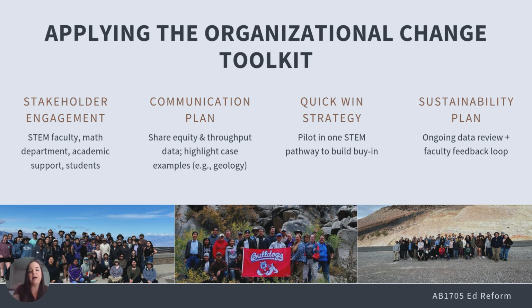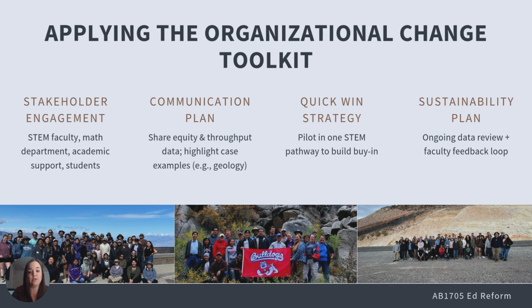So applying the organizational change toolkit to this praxis, we're going to look at stakeholder engagement, right? That's going to be STEM faculty, the math department specifically, academic support, and students, of course. We'll have a communication plan where we would share the equity data, looking at case examples. We're going to use geology as our example.